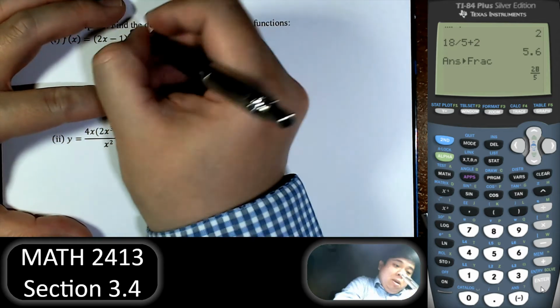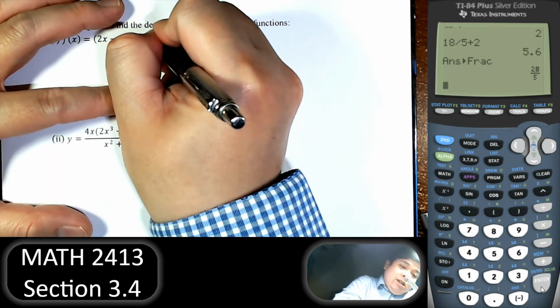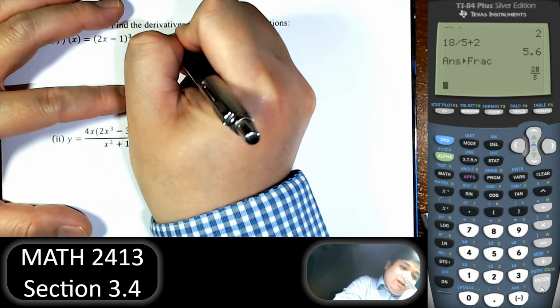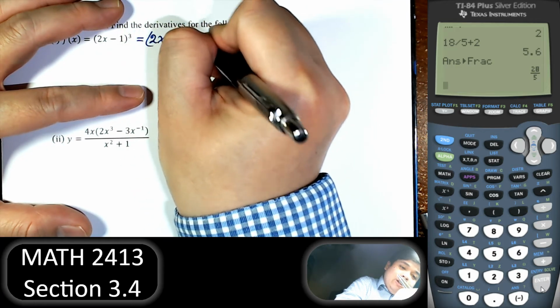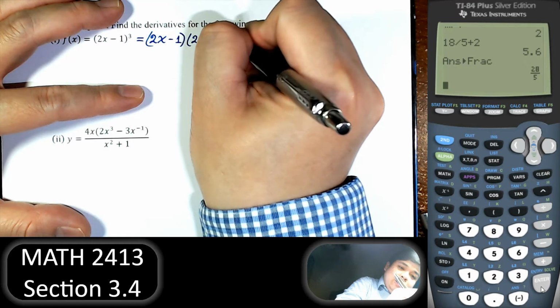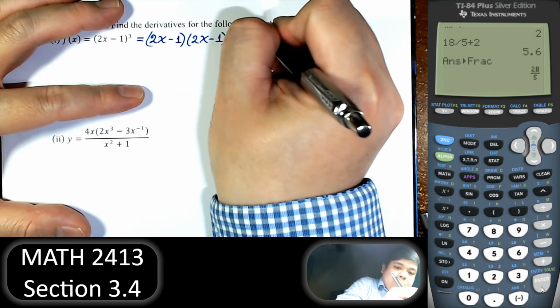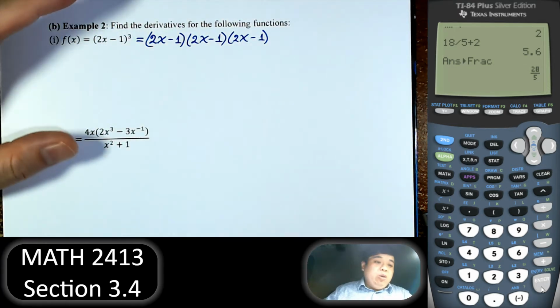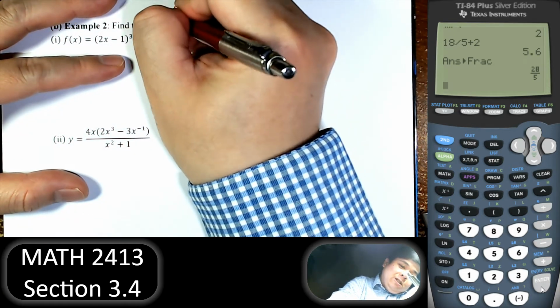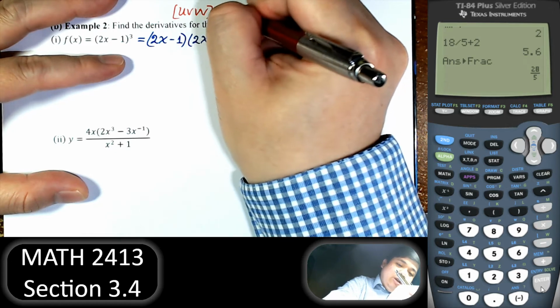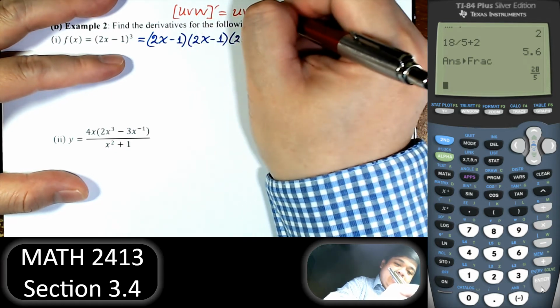But what we have here is the cube, so it will be 3 of them, right? And what did we say about the derivative of the product rule of 3 terms? It will be first, second, and third.